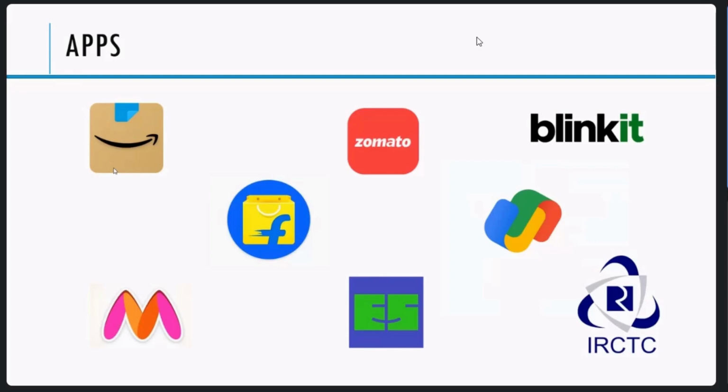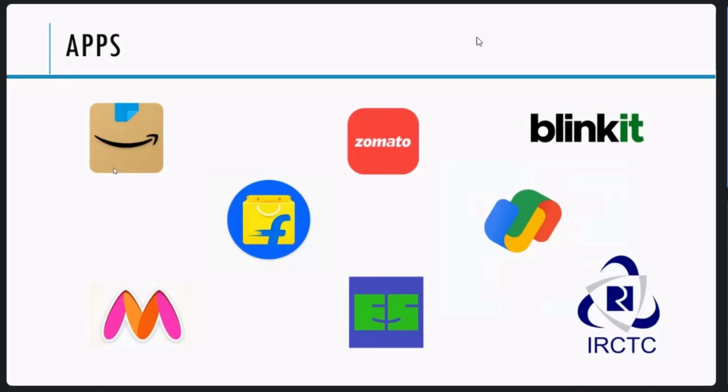Have you asked these questions earlier? You will be amazed that when you have searched for a particular item in any of these apps, even if you close the app and go somewhere else, surfing other websites, you will see suggestions related to it.